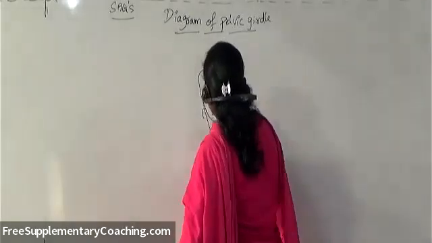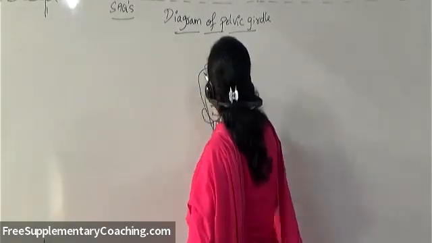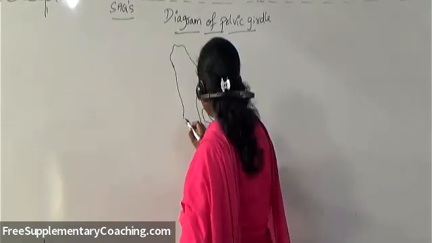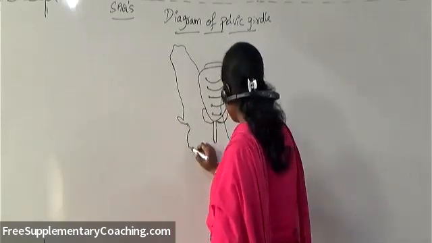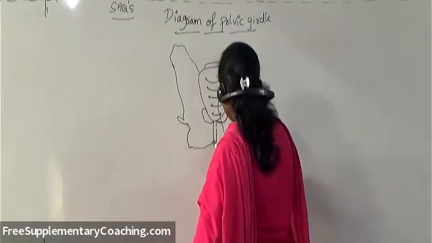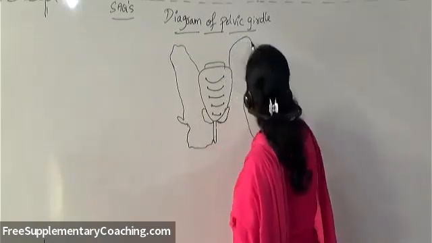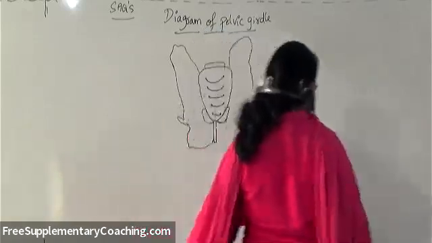So this one, a little more, you can bring like this. So ileum, and again here for the acetabulum you can show. Like this on the right side and even on the left side.